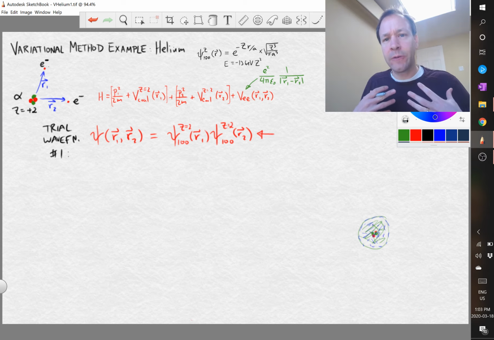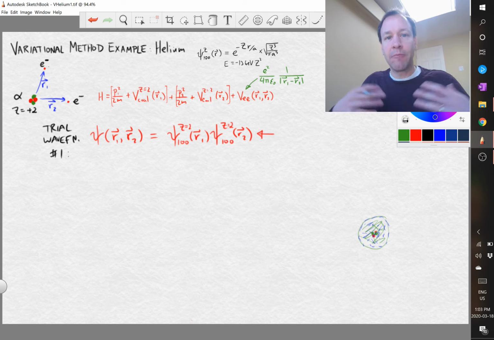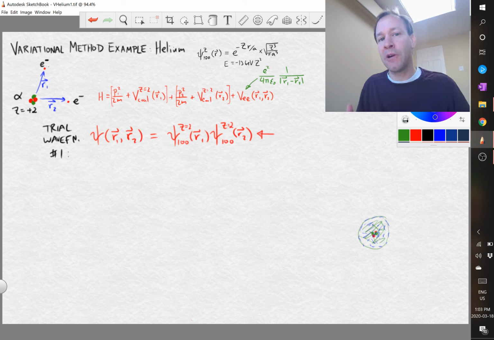Okay. So in this video, we're going to consider a different variational ansatz, a different trial wave function that is more general. It's going to include a parameter, and it's going to take into account some physics. The physics is that we're going to think about when we bring that second electron in.